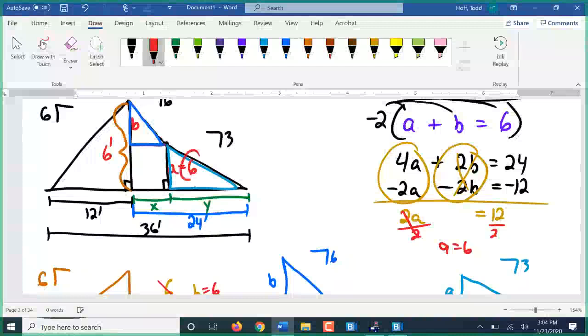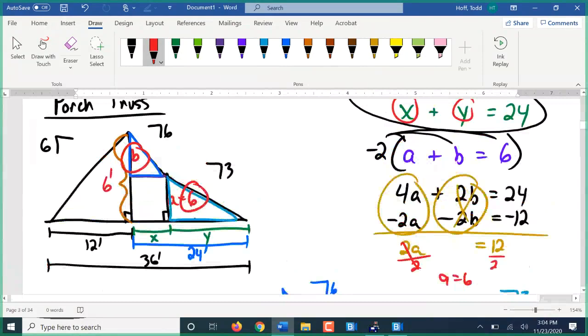So a here is 6 feet. That means that b has to be 0 feet, because a plus b adds up to 6. So b is 0 feet, a is 6 feet. Well, if b is 0 feet, that means x has to be 0 feet, and y is the full 24 feet.